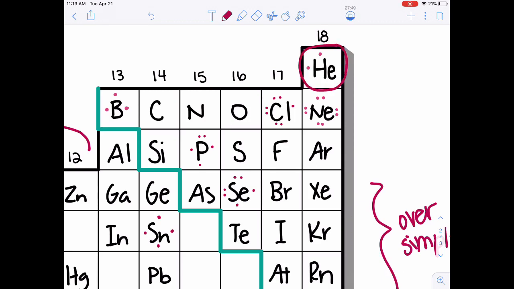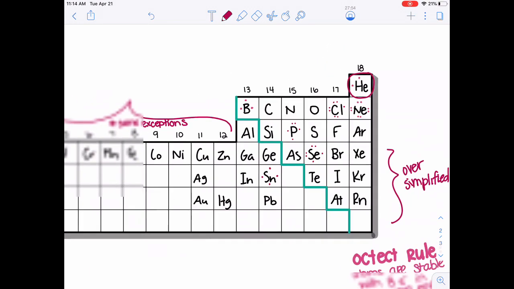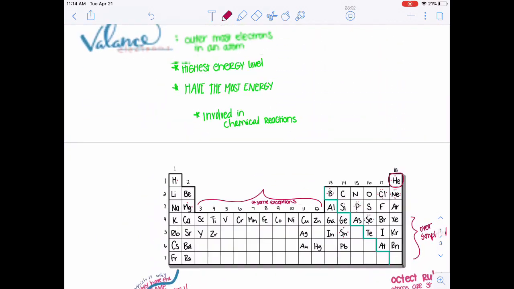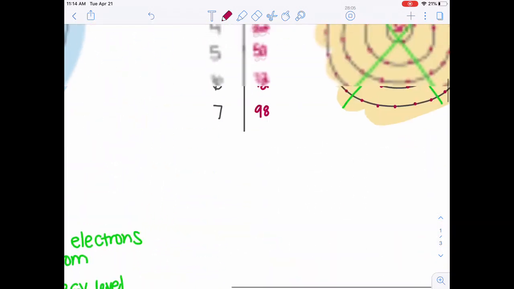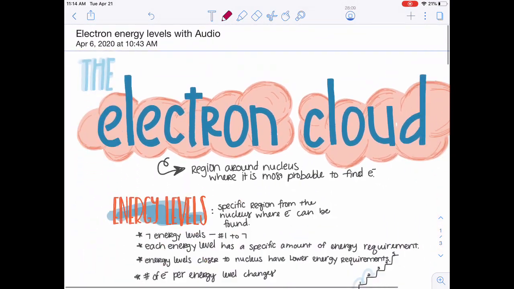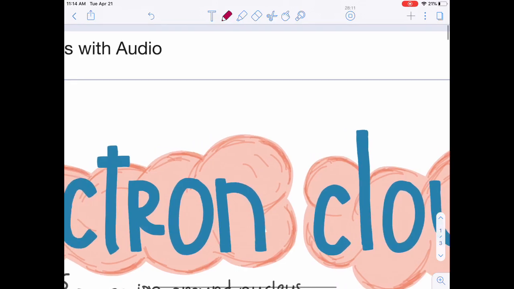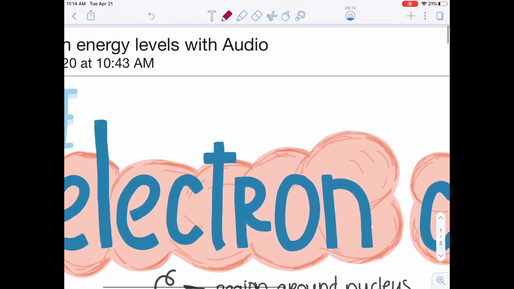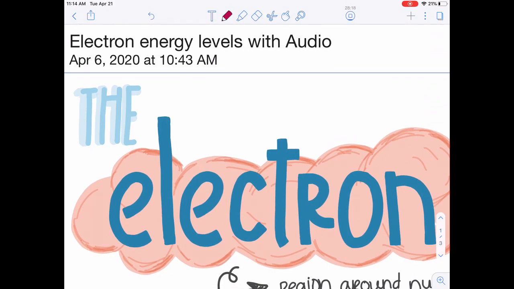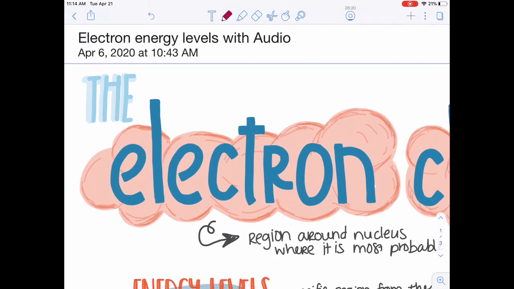It only has 2 because it only has 2. The rest of them have 8. So that should help you a lot when you are answering the questions over dot diagrams. The electron cloud is much more complicated than this, but it's a start. It's very much a start.